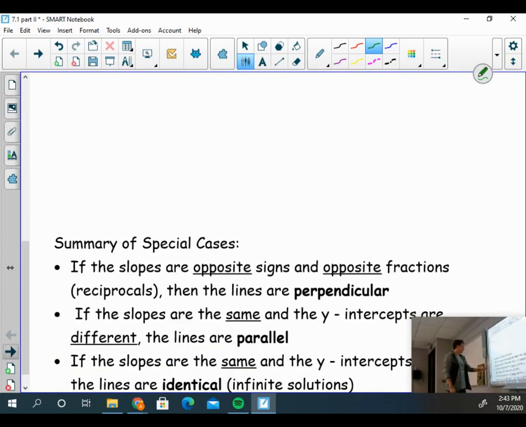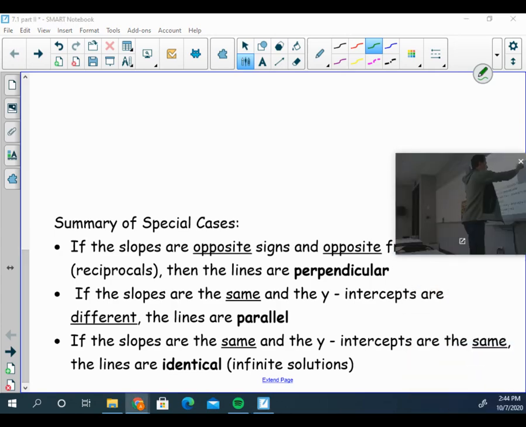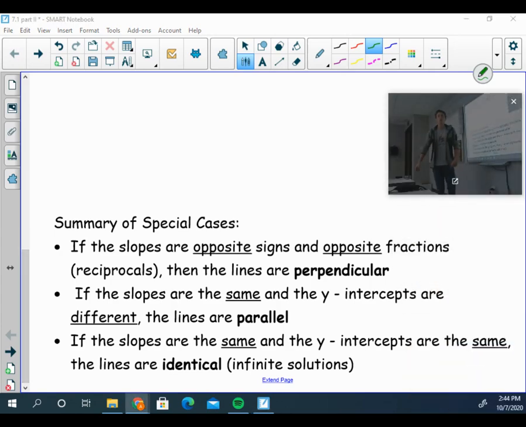Okay, so let's summarize all this information that I've given you. What do you need to know? Well, what you need to walk away from this lesson is hopefully a review of how to graph stuff in slope-intercept form. We're going to be doing that a lot. We also talked about how if we graph two lines and they intersect, that intersection is the solution to the problem.